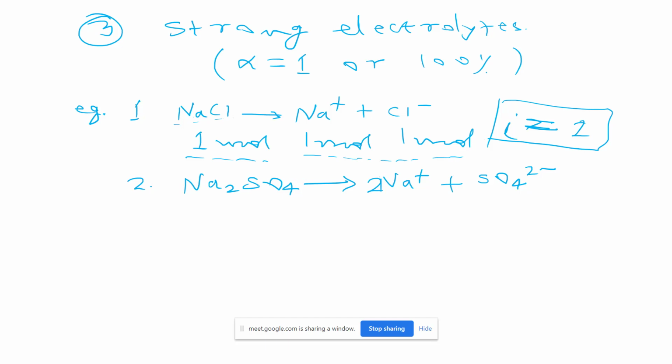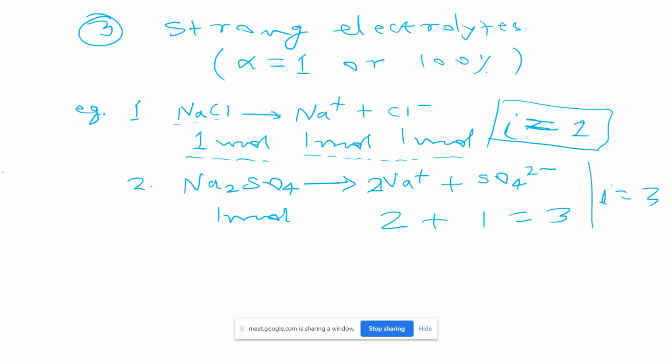And how many sulfate moles from 1 mole? 1. Now if we take 1 mole of this, how many moles of ions are we getting? 2 moles of this and 1 mole of this, so we are getting 3. So i will be 3 here. Got it?